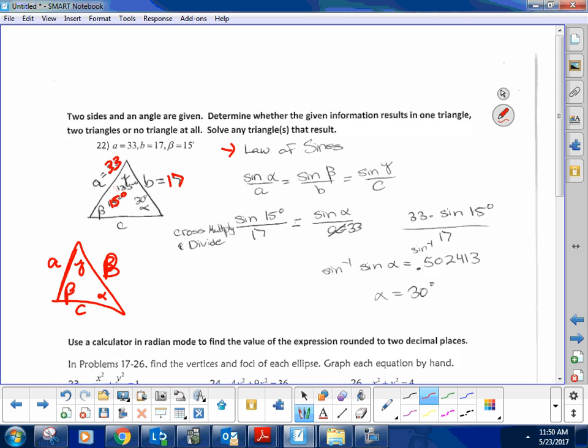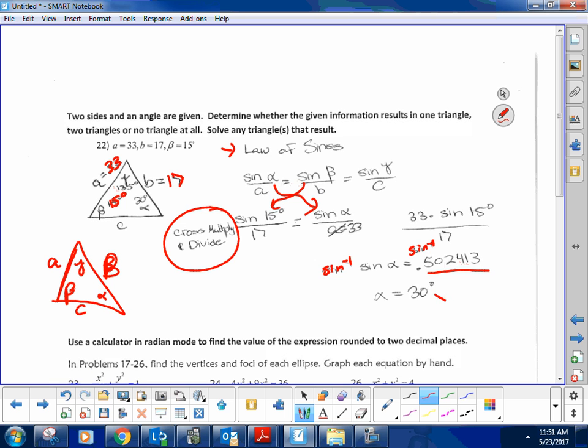Now, one thing that we're guaranteed with the law of sines is that you had this proportion, and in this case, we were given sine beta, which is 15 degrees, over 17, and this one. The easiest thing you got to do is cross multiply and divide. Once you do that, which is 33 times sine of 15 degrees divided by 17, you come up with the solution right here. Afterwards, I applied this sine inverse for the purposes of coming up with the degrees.